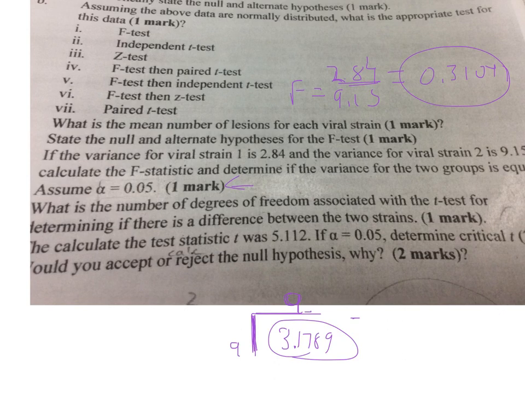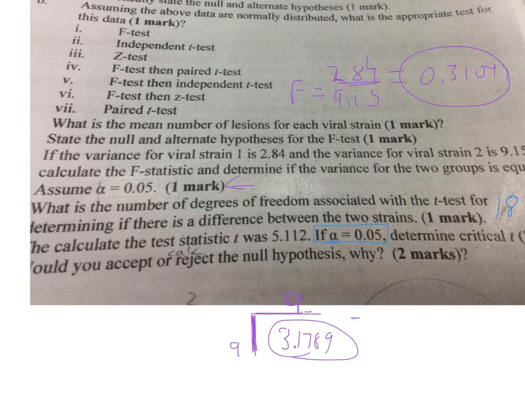For the degrees of freedom question in the next part, where it asks what is the number of degrees of freedom associated, I didn't get a chance to work out the t-test for you yet, sorry. For the t-test, the degrees of freedom is 18, because you've got a total of 20 data points and you subtract 1 from each group. To get your test statistic, you go to the t-chart and look for alpha equals 0.05.